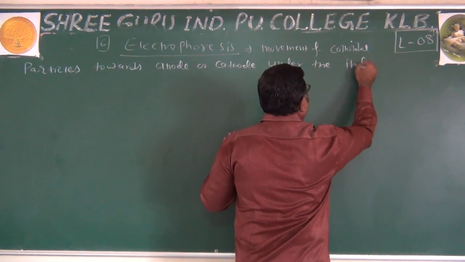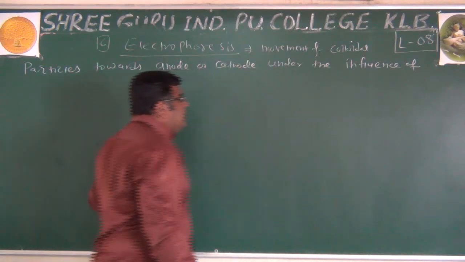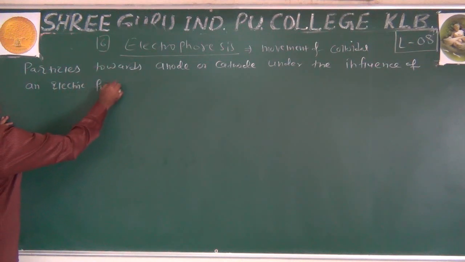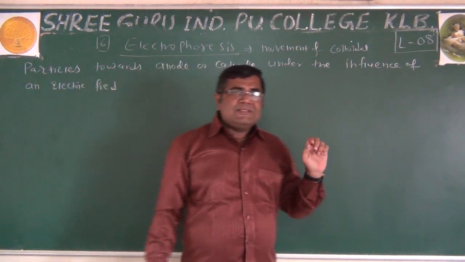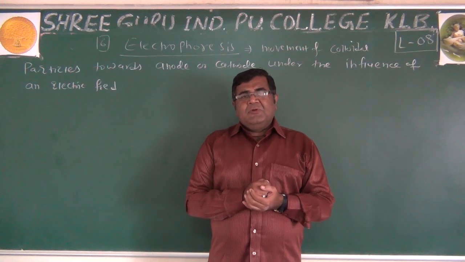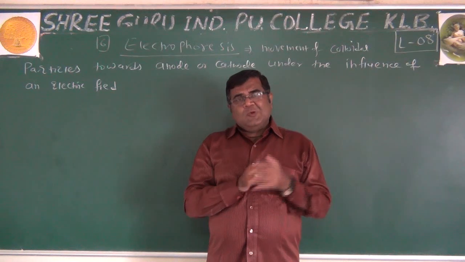influence of an electric field. We know that colloidal particles always carry equal and similar charge, and due to that charge they are stable. We have made the list of positively charged colloid and negatively charged colloid.